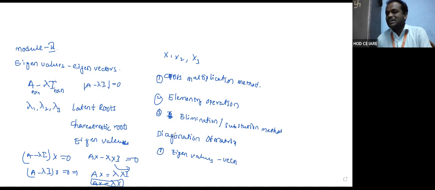After that you make the model matrix with the help of eigenvectors. So in this, a different manner will be used.